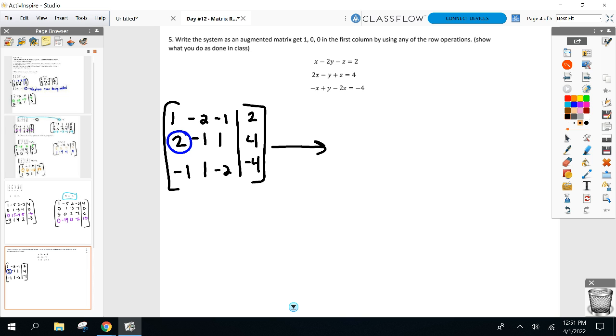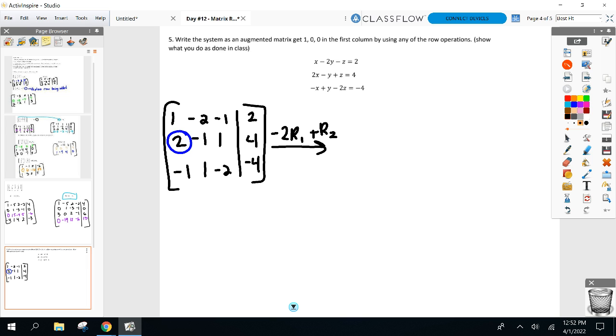Negative 2. Everyone agrees? So what are you going to multiply row 1 by to produce a negative 2? You're going to take row 1, multiply it by negative 2, and then add that to which row? Will that produce a 0? Yes, it will.